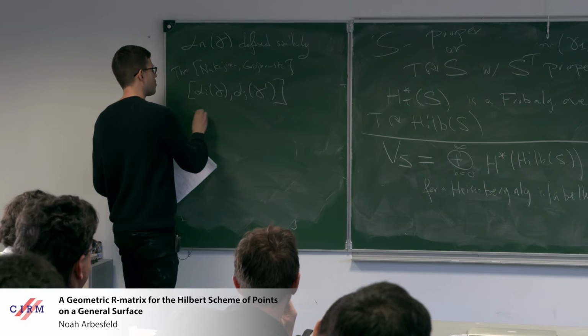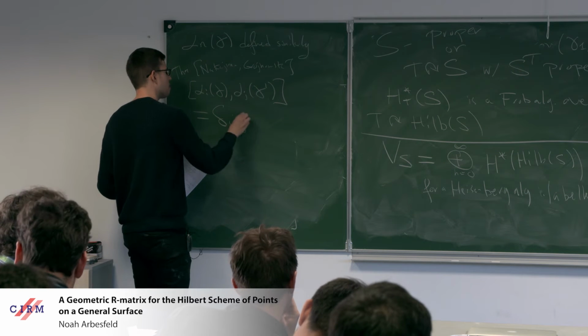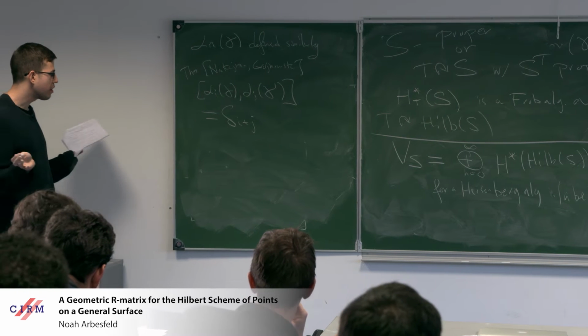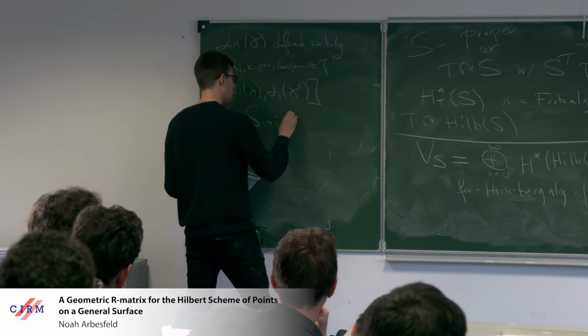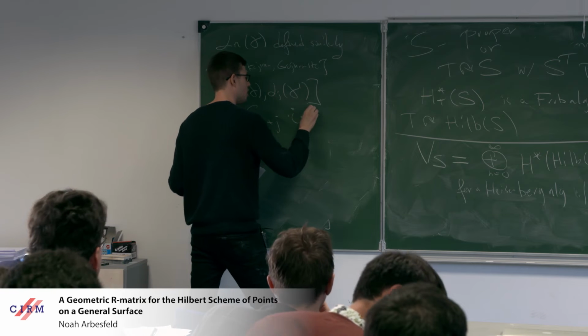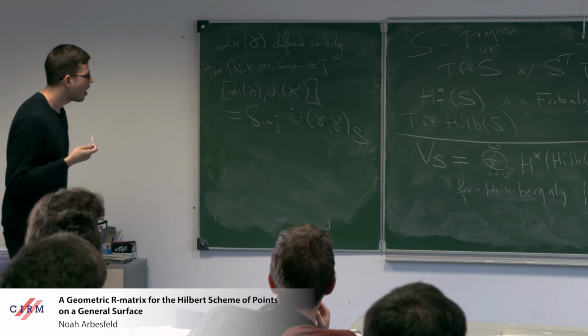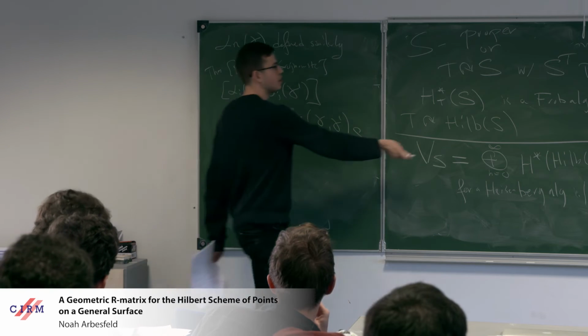In other words, if I try to commute two of them past each other, if i plus j is not 0, then I get nothing. And otherwise, I get a Heisenberg algebra incorporating the pairing on this surface.